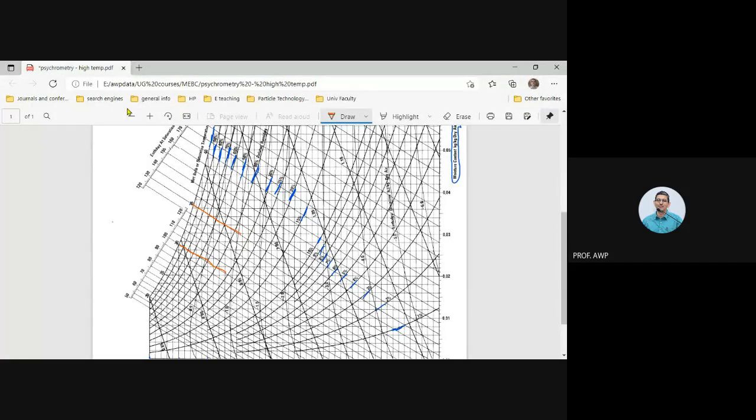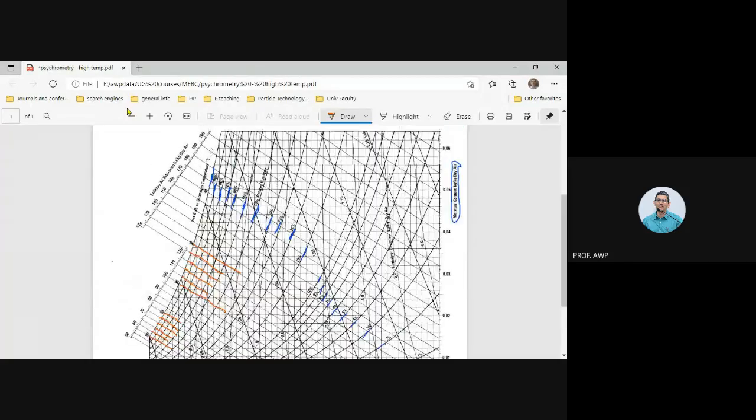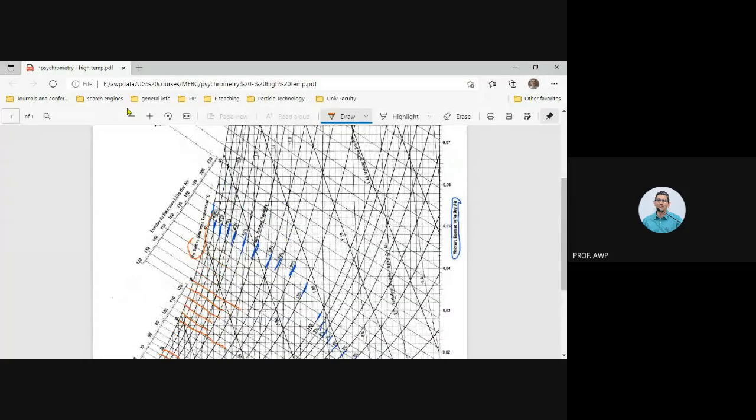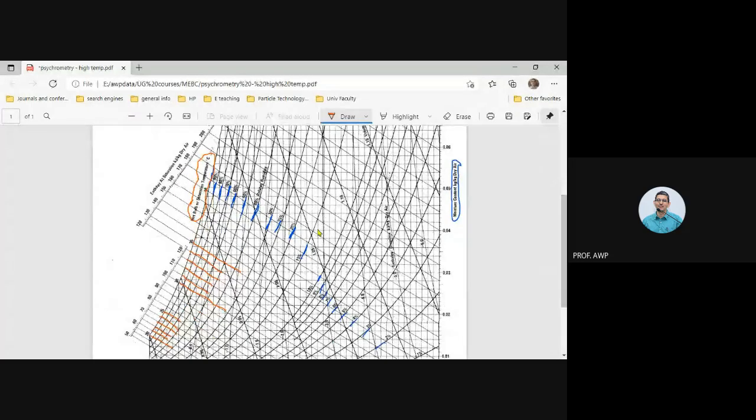This corresponds to 31 degrees centigrade, 32, 33, 34 degrees centigrade wet bulb temperature, 20 degrees centigrade, 21, 22, 23, 24, 25 degrees wet bulb temperature. You see, it is written here, wet bulb temperature. 36 degrees, 37 degrees, 38 degrees wet bulb temperature.